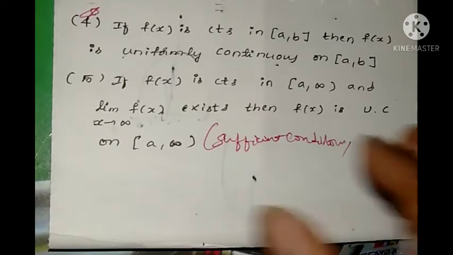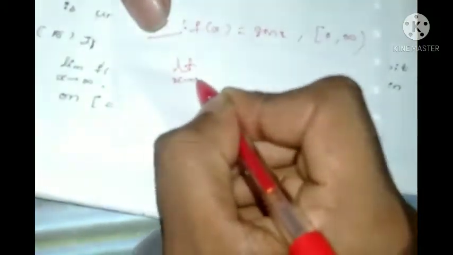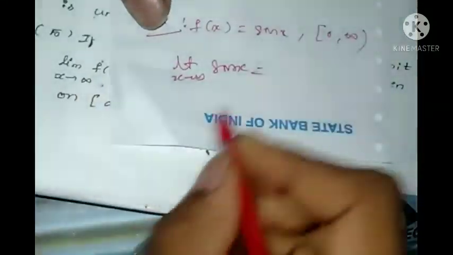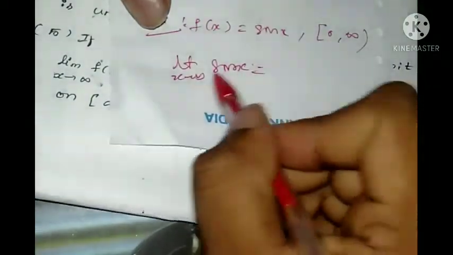Suppose we take one example for the fifth point. Suppose we take f of x is equal to sin x, and we take the domain as 0 to infinity. According to this point, we check whether the limit as x tends to infinity of f of x exists. The limit of sin x oscillates between -1 and 1, so this does not exist.